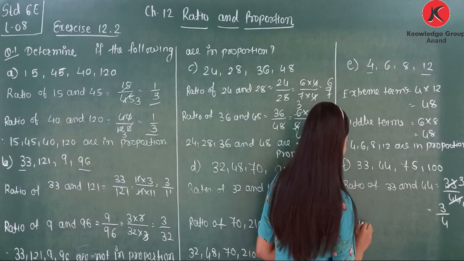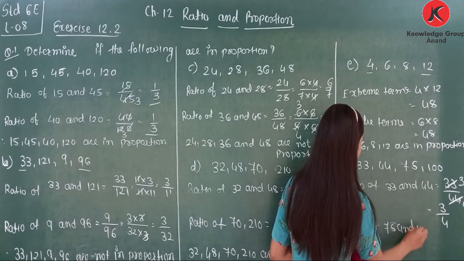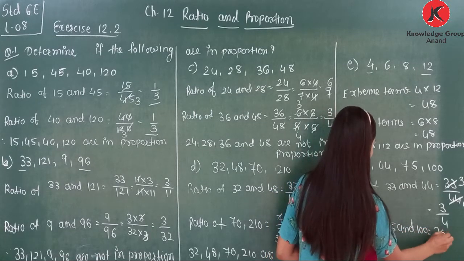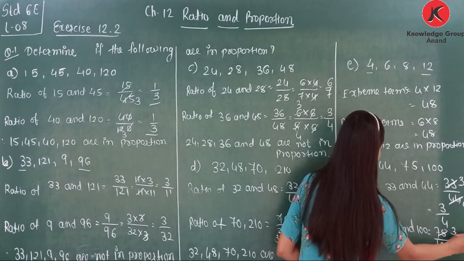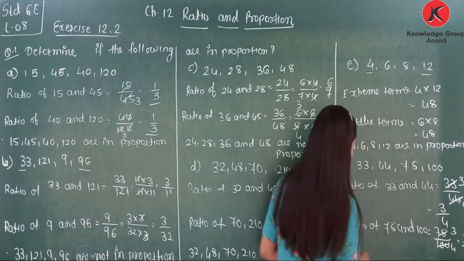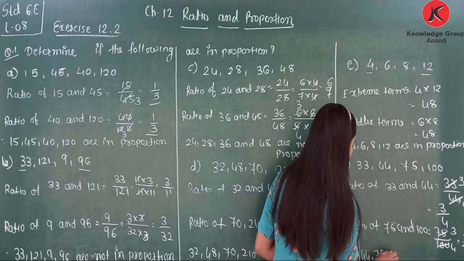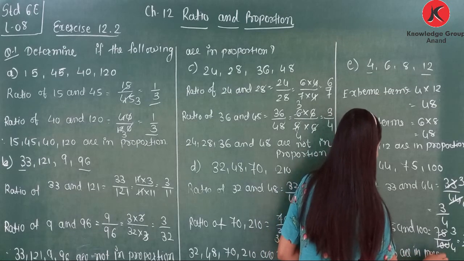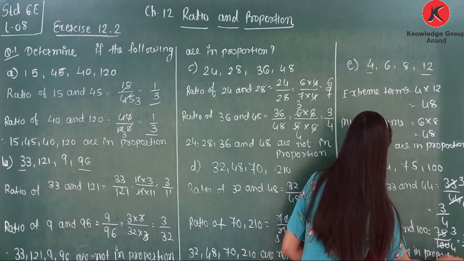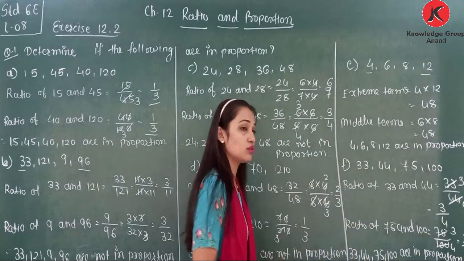Now the next ratio, of 75 and 100. 75 divided by 100. 25 threes are 75, 25 fours are 100, so it is again 3 by 4. So we can write 33, 44, 75 and 100 are in proportion. Again, you can use any one method from these two methods.